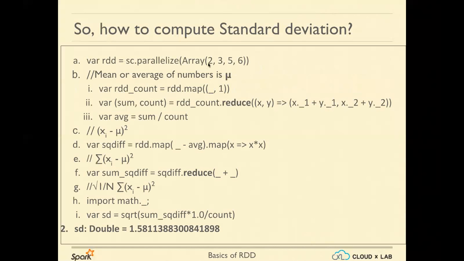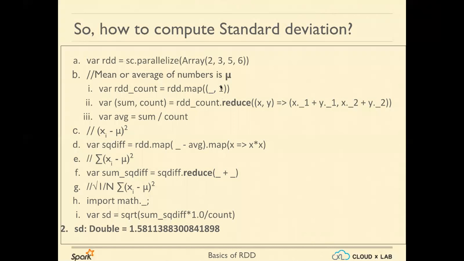The RDD count actually has 4 tuples. What is this 1 standing for? Every element is being converted into a tuple. The actual value becomes the first member, and the second value is 1.